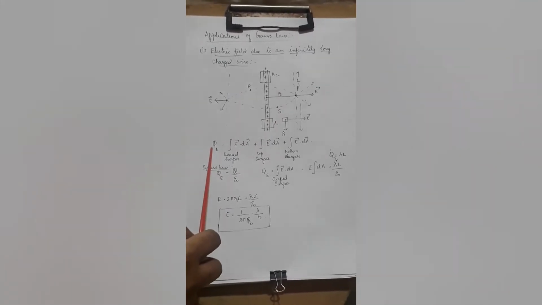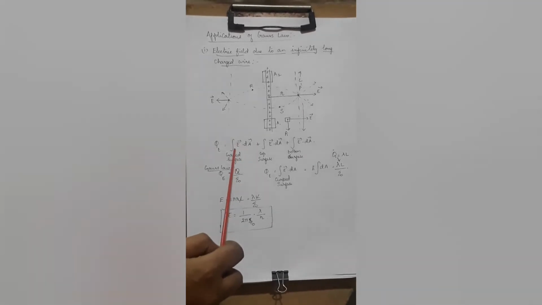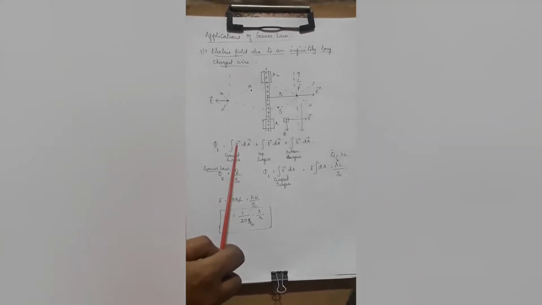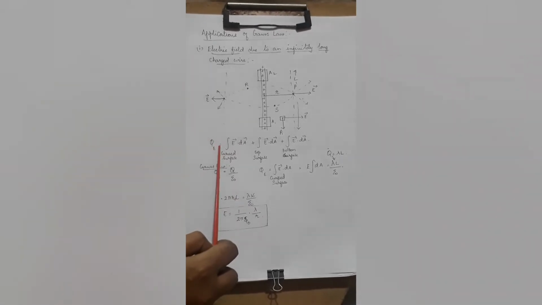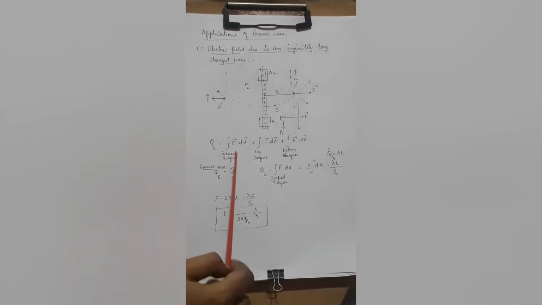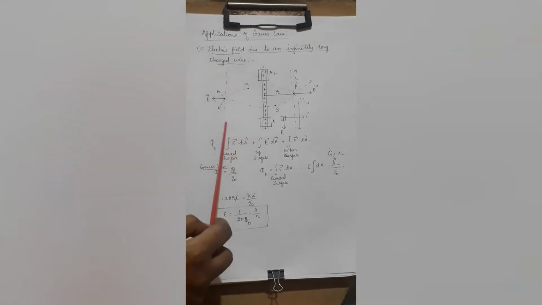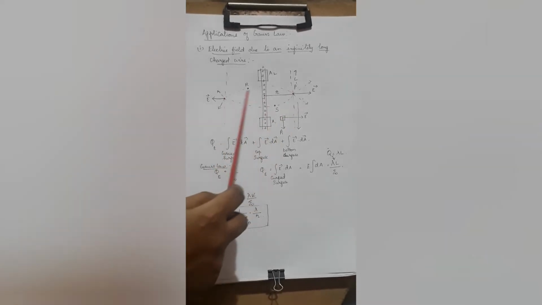Phi E is the electric flux, which is equal to the integral of E dot dA, by definition. This flux is by definition equal to E dot dA over the curved surface, this one.